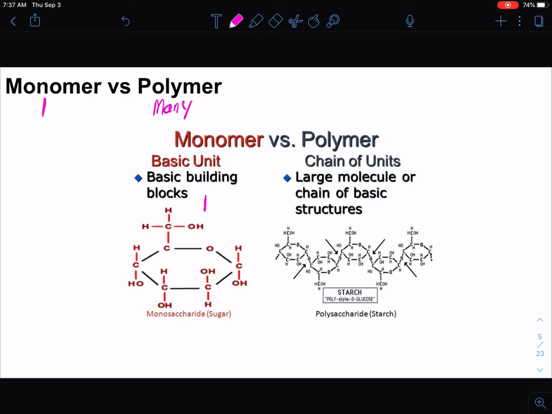As you can see, this monomer of sugar has only one ring. But starch has 1, 2, 3, 4, 5. And these dots mean that there's more bonded to it. You see 5 now, but that chain keeps on stretching out. That's the difference between a monomer and polymer.